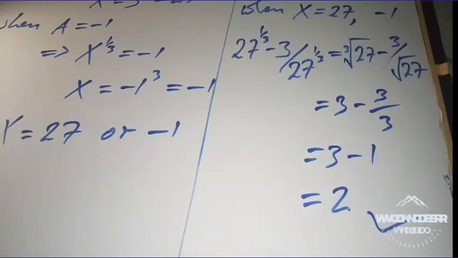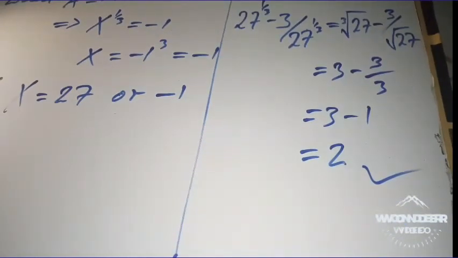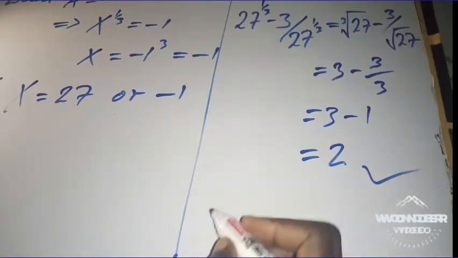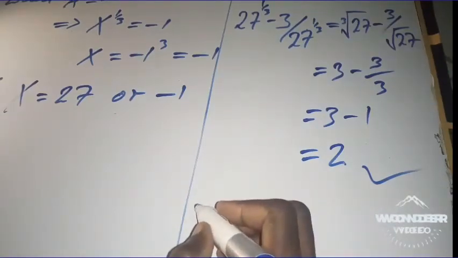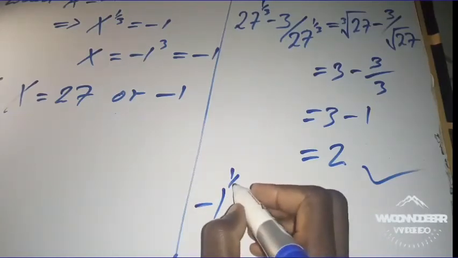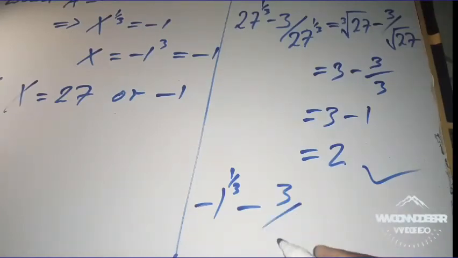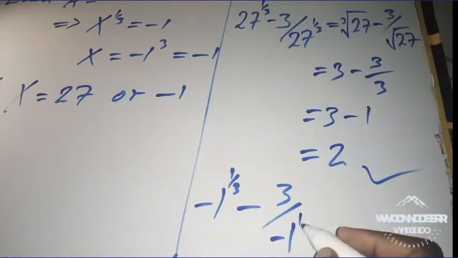Also, we are going to test when x is negative 1. When x is negative 1, we now have negative 1 raised to the power of 1 over 3 minus 3 divided by negative 1 to the power of 1 over 3.